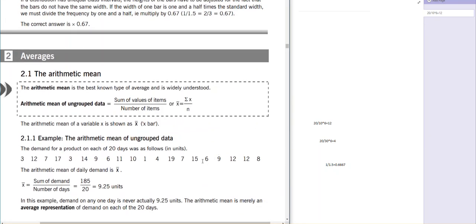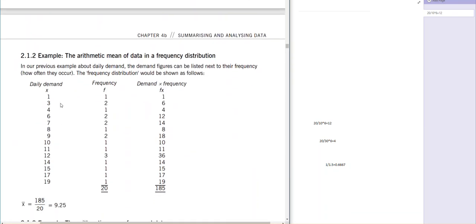So this is for individual data. And if they are given in frequencies, how many times something appears, because they are grouped, then we have to multiply by frequency. Because if we have 2 times 3, we have to multiply by 2 to calculate the total. So then we take the total and divide by total units.